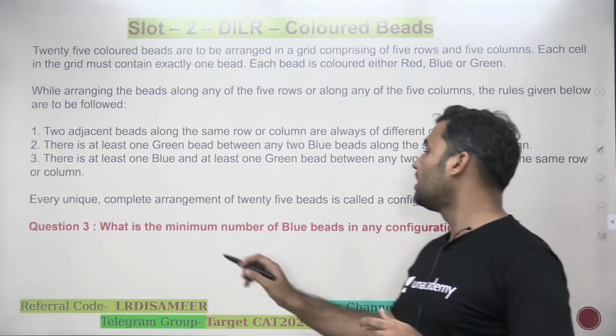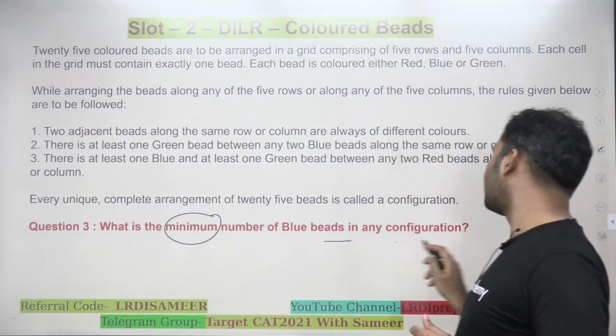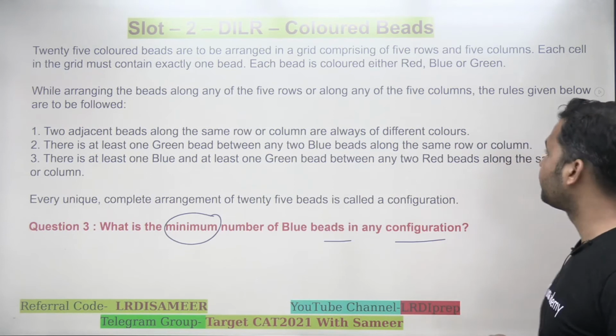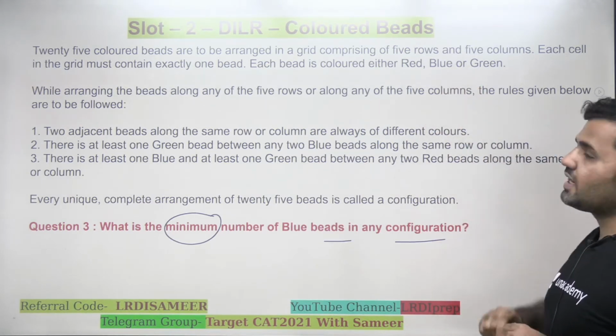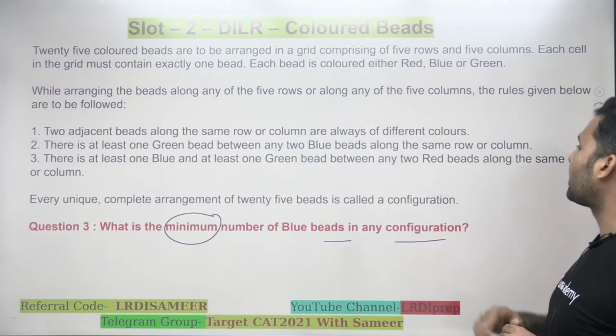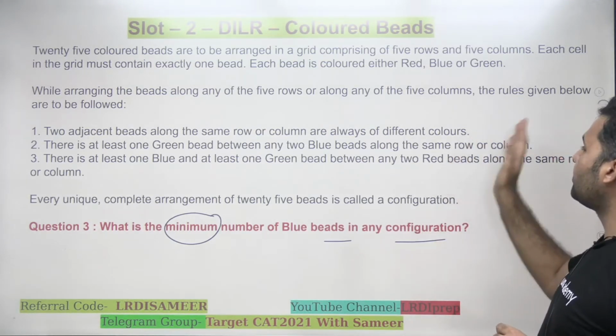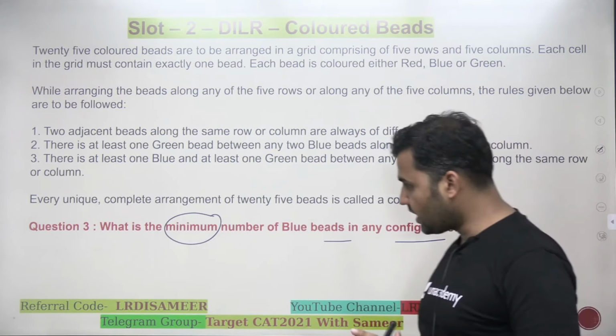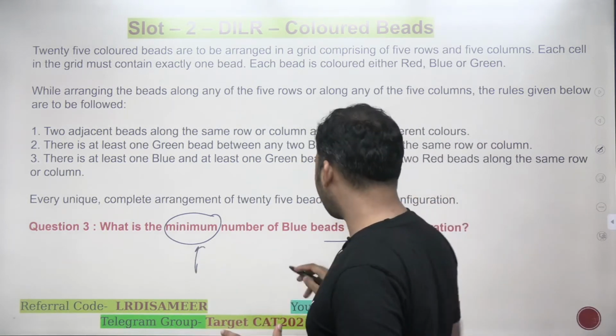Question number 3 says, what is the minimum number of blue beads in any configuration? It is a 5 into 5 matrix that we already know, and the colored beads that we can use are red, blue, and green. Now the important word here is minimizing the number of blue beads.